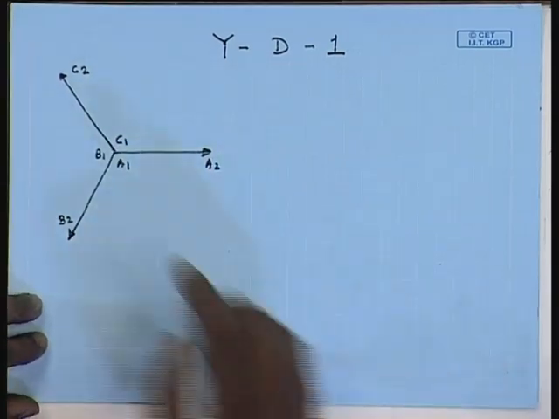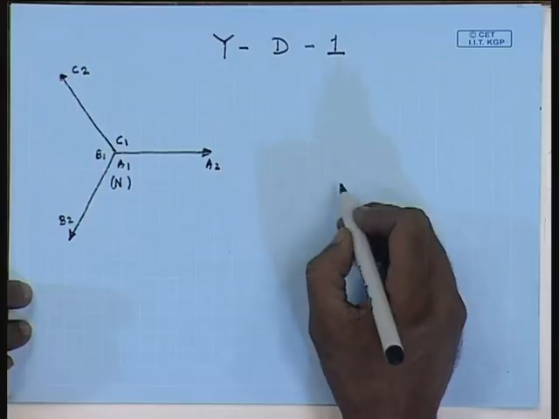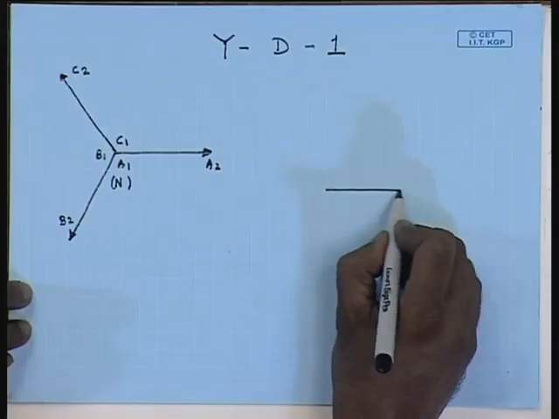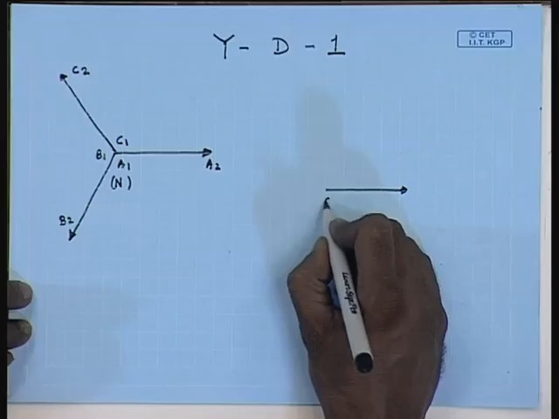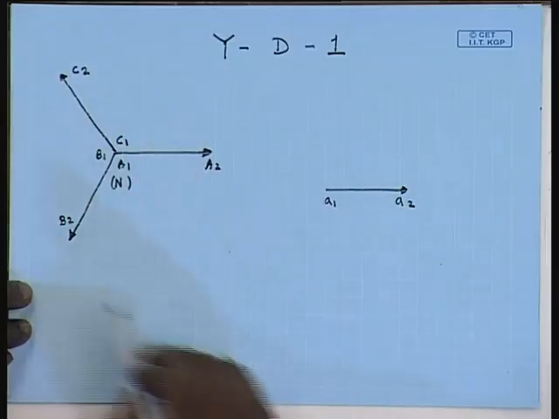Hence, this is the neutral point N. On the low voltage side, we have the voltage A1, A2, which is parallel to A1, A2 here.